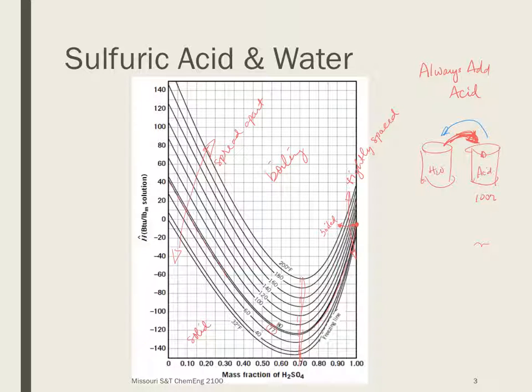So what happens if we had done it the other way? What if we had done it the proper way and paid attention to the lab TA? Well, we would have started over here at pure water, and we would have added a little bit of acid to it. And we see that, yes, it heats up, but not nearly so dramatically.